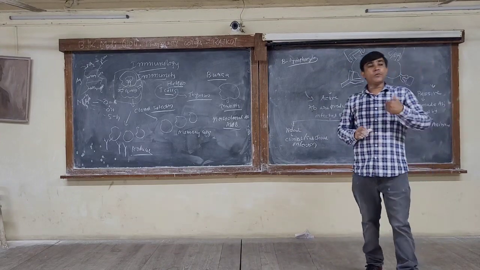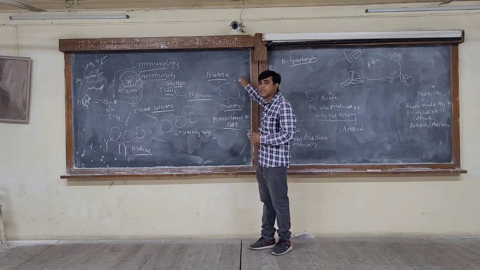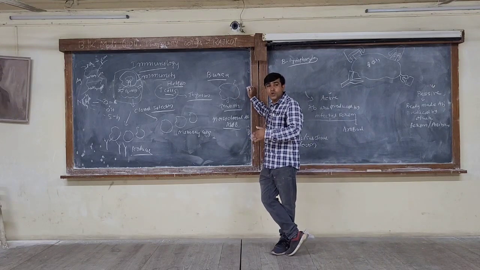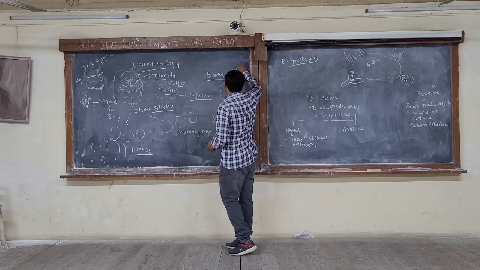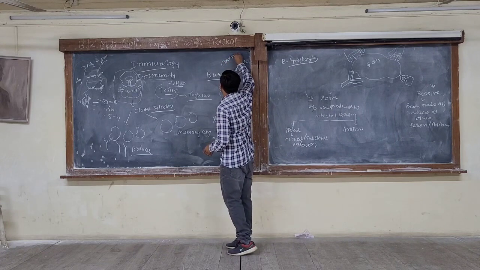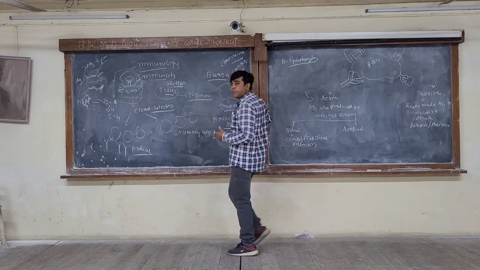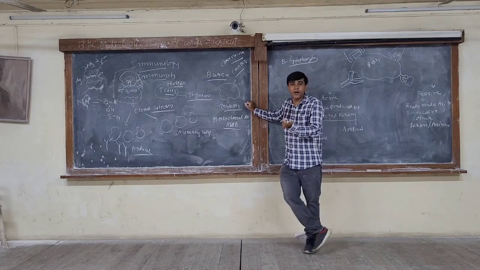Now, while producing these monoclonal antibodies, as we know that B cells have a very slow multiplication or cloning capacity, that is why they are fused with cancer cells or carcinoma cells. The fusion of a B cell with a carcinoma cell is called a hybridoma.